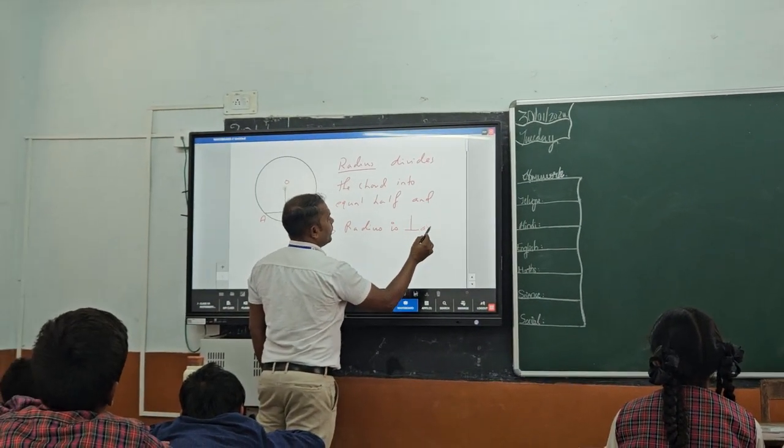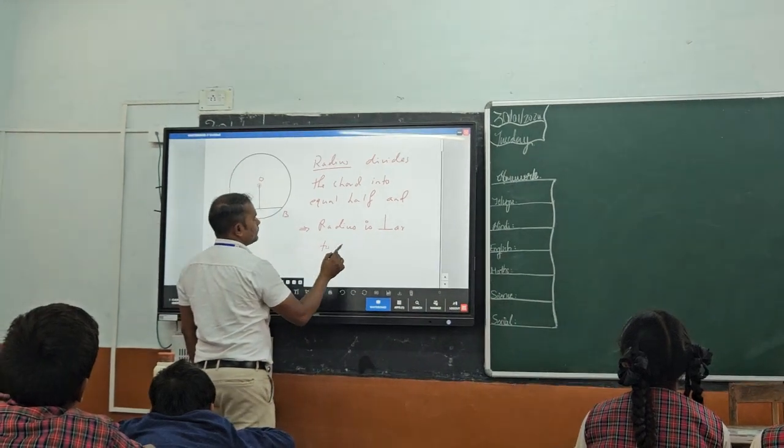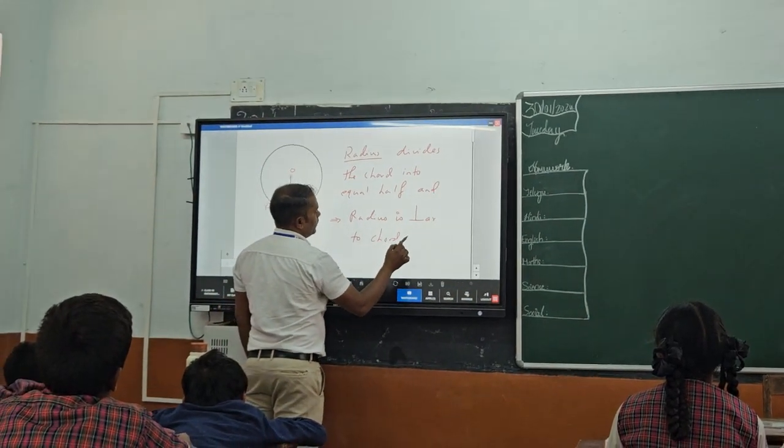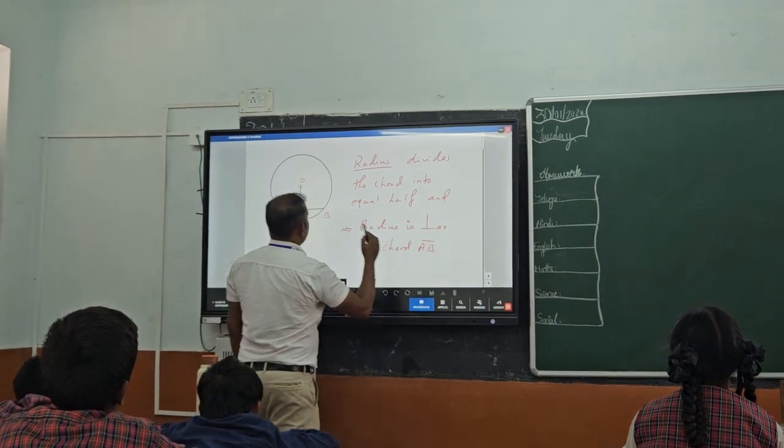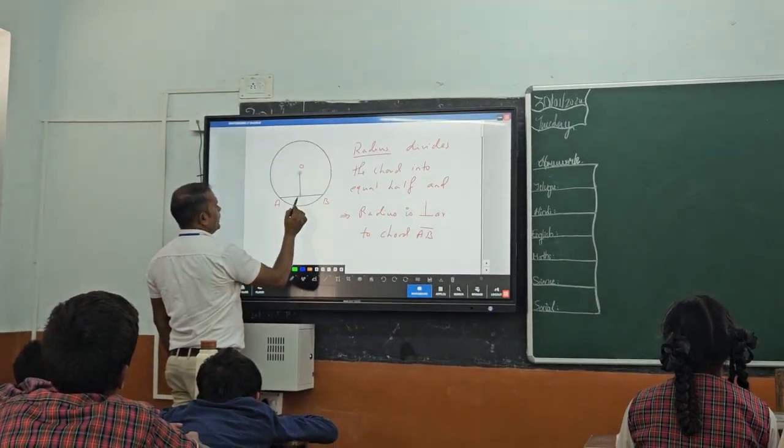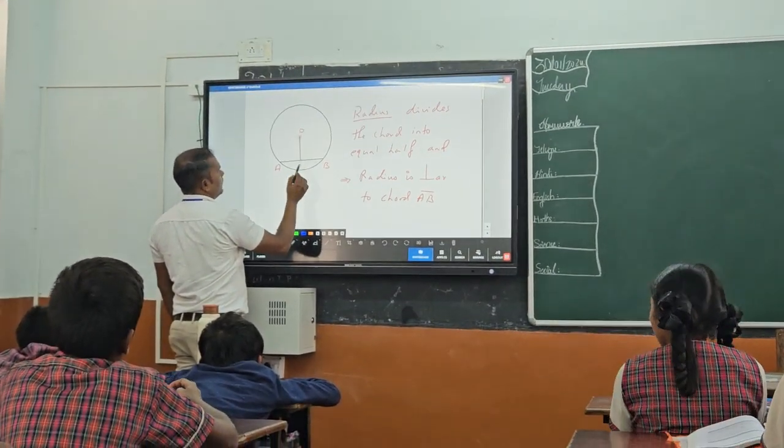This is the symbol of perpendicular, to the chord A-B. Suppose this is O, and let this point be C.